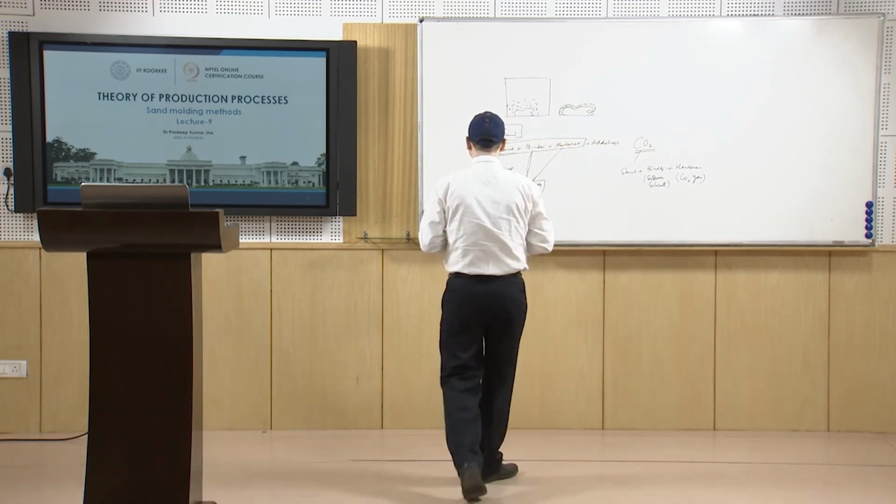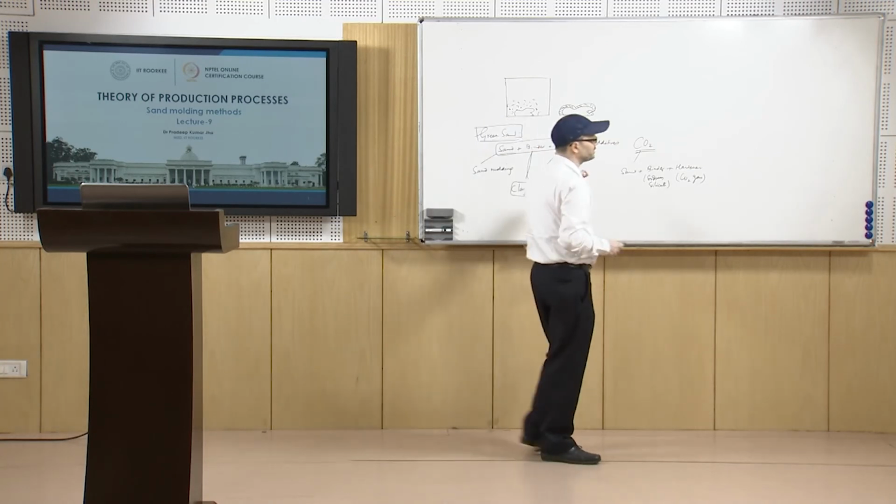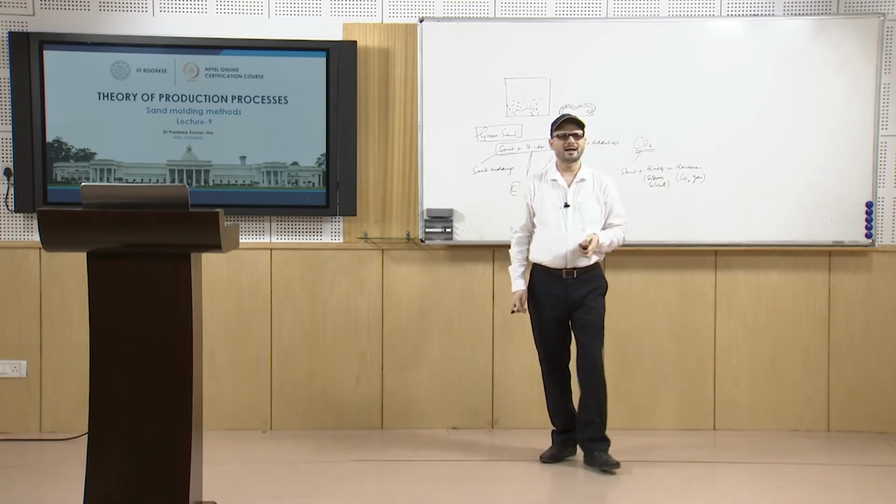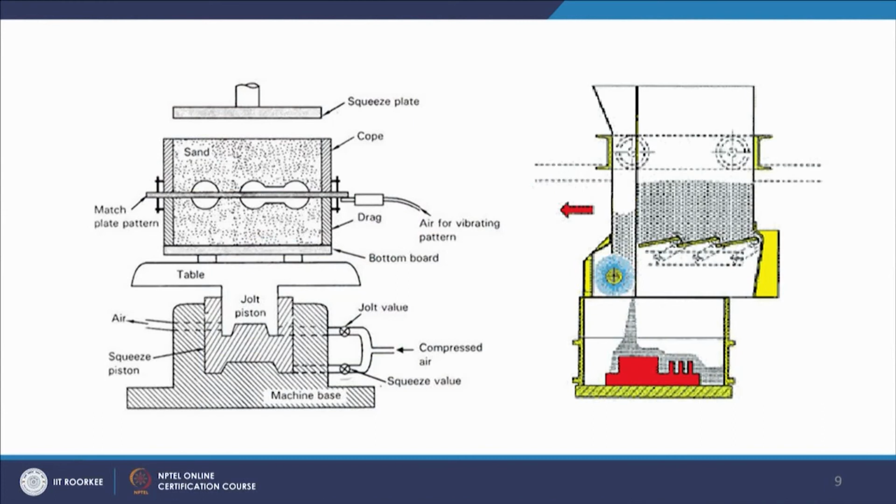So, what happens when you use the squeeze machines? You can look at the picture here. In the case of squeezing, you have a squeeze plate that will squeeze. You have maximum hardness near this surface, and this will decrease slowly. Whereas when you go for jolting, the table will be jolted.